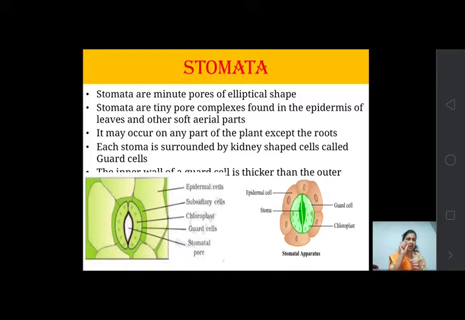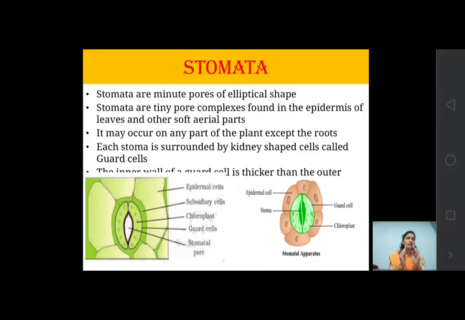Stoma means the small pore, the central aperture, the opening, which is known as the stomatal pore. That stomatal pore is surrounded by two kidney or bean shaped guard cells. The two guard cells are present on either side of the pore, and they are connected with each other.